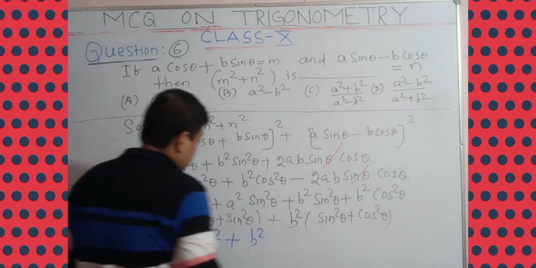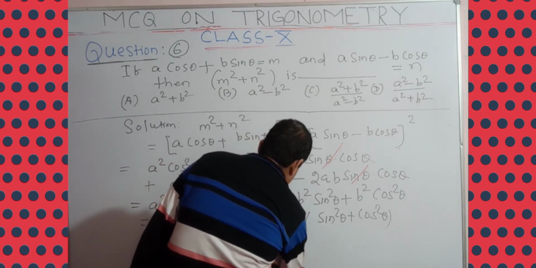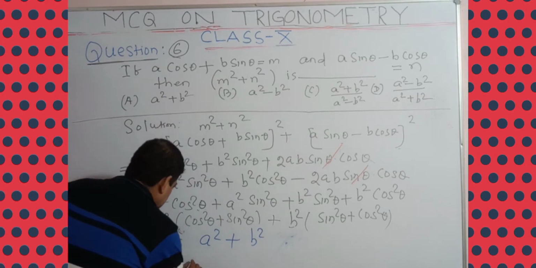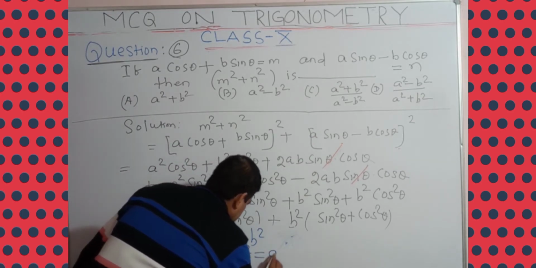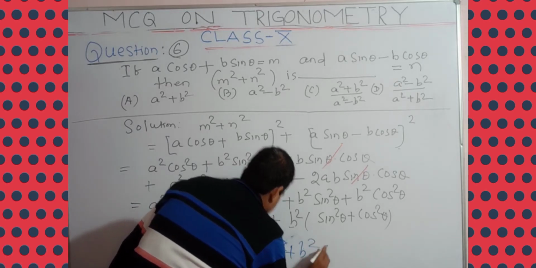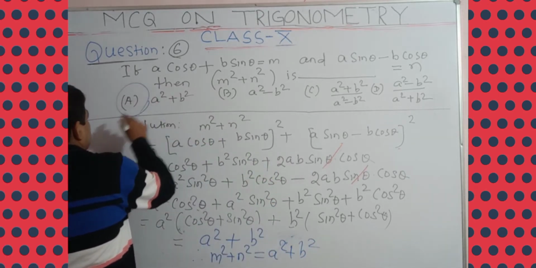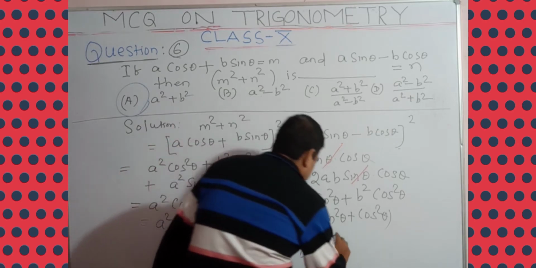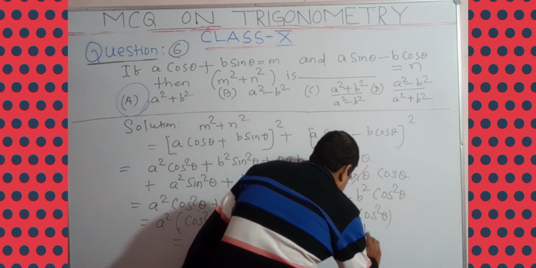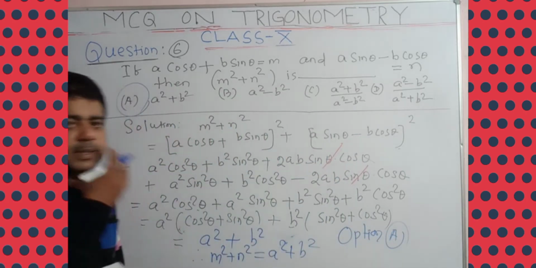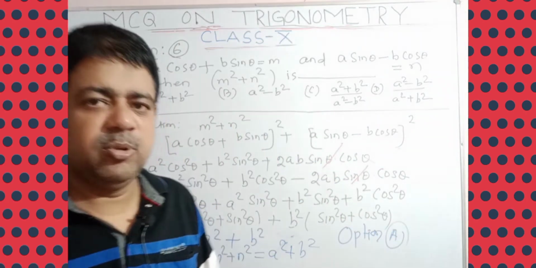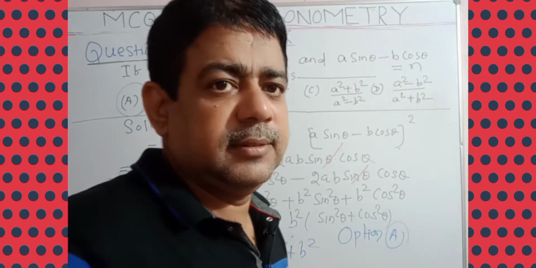We got the answer here. Hence we got m square plus n square is equal to a square plus b square. Here you see A is the correct option. Hence option A. Yes or no? Option A is the correct option. Understand? Okay. Yes.